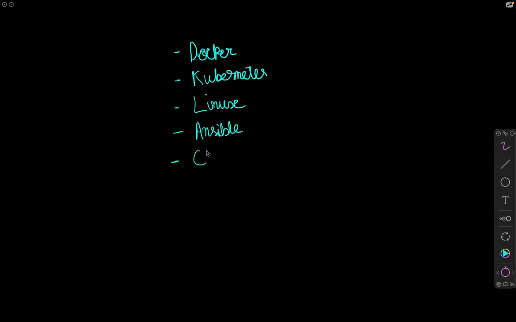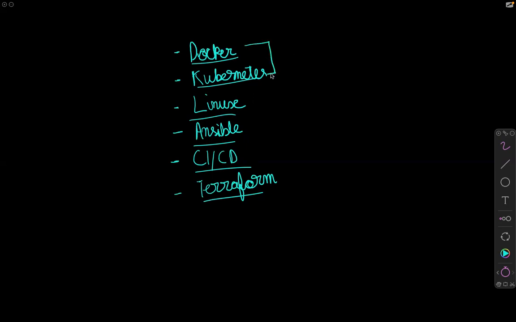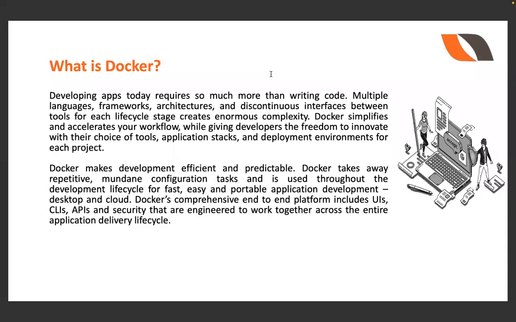You're going to find CI/CD. You're going to find Terraform. These are just some of the technologies and techniques that I have mentioned. And in this workshop, we are going to focus on Docker and Kubernetes. And in the upcoming workshops, we are going to focus on the rest of the techniques and technologies, right?